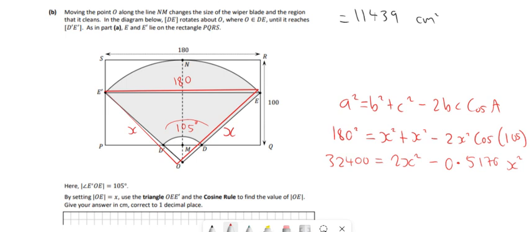Cos of 105 ends up being a minus actually, so that'll change that into a plus. So you can combine the two x squared, so you just get 2.5176.